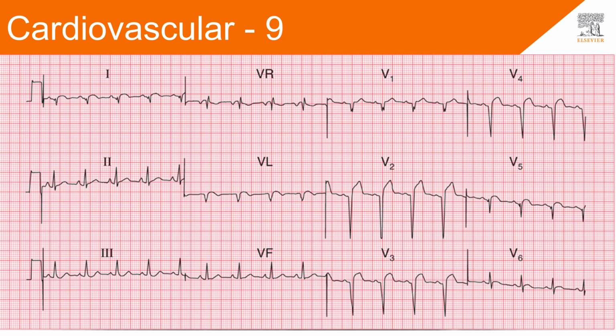Going to give you a couple more seconds to interpret it. And remember, the options: A, atelectasis; B, heart failure; C, left ventricular aneurysm; D, pulmonary embolism; or E, secondary myocardial infarction.